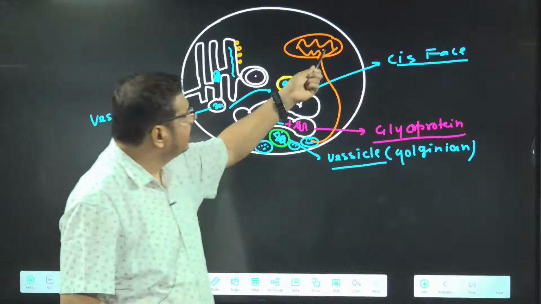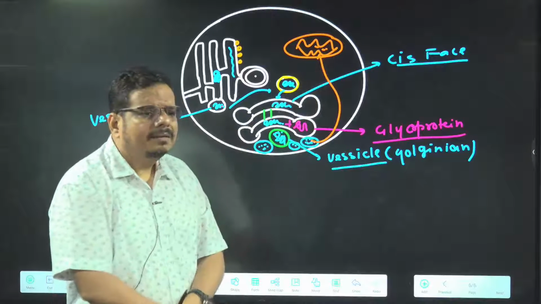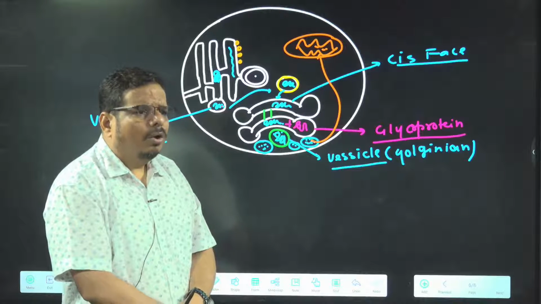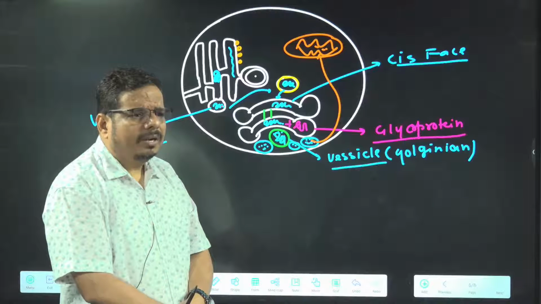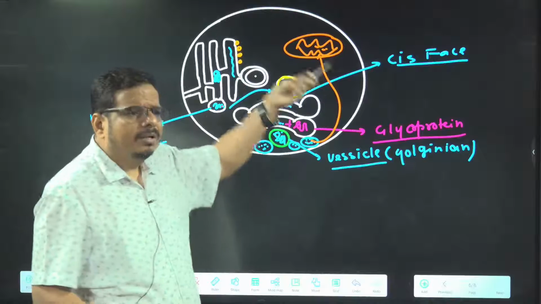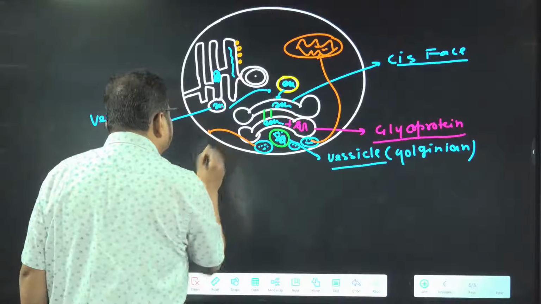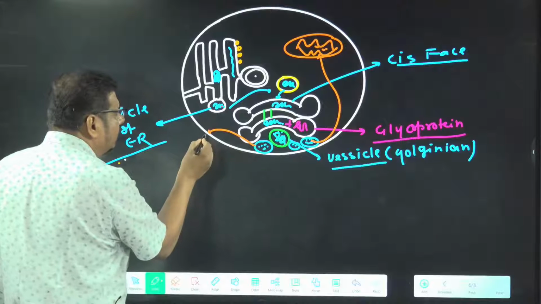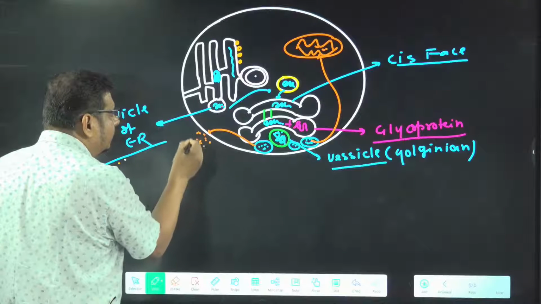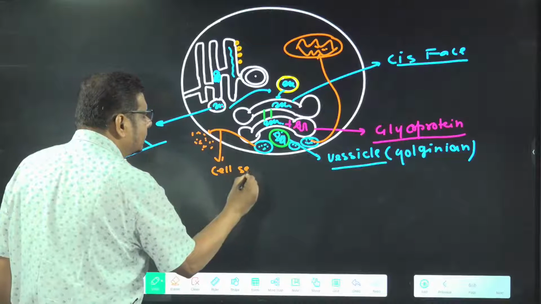How are they getting enzymes? Some of the enzymes also go from the cytoplasm here. All the enzymes are not formed by mitochondria itself. When these vesicles fuse with the plasma membrane, these chemicals are secreted from the plasma membrane. It is called cell secretion.